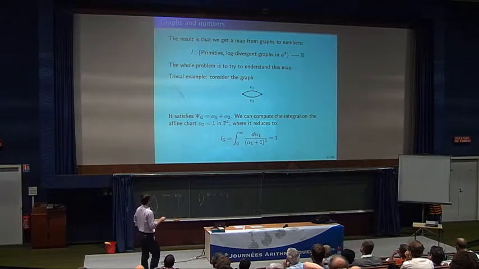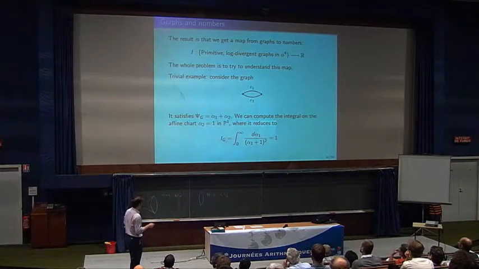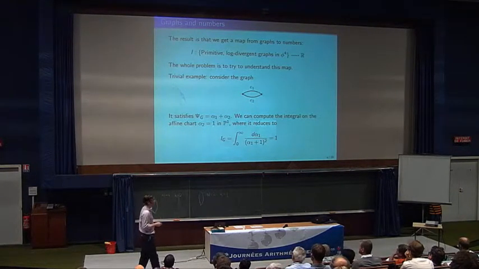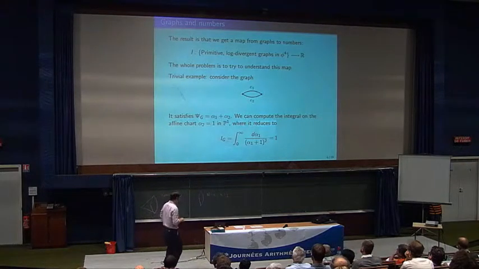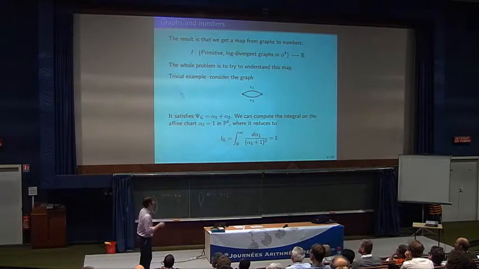To compute the integral, we just restrict to an affine chart, for example, alpha_2 equals 1. Then omega_G becomes d alpha_1, the graph polynomial is (alpha_1 plus 1), squared, and the integral from 0 to infinity is very easily checked to be equal to 1. But this is the only example that you can actually do in less than about 20 slides. So this is slightly misleading.